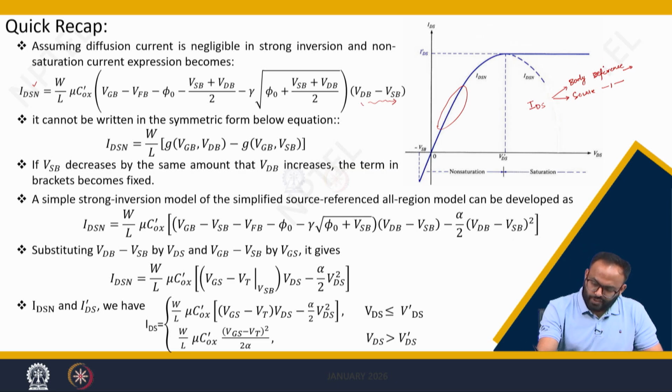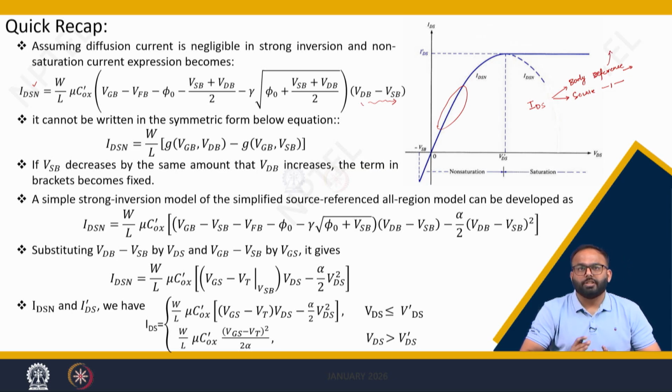However, the body reference model cannot give you a picture of the symmetricity of the device, meaning which terminal you can take as a source and drain is not well defined.